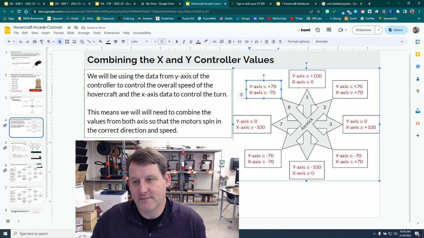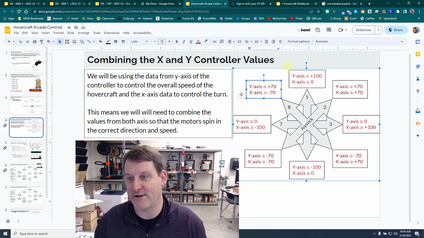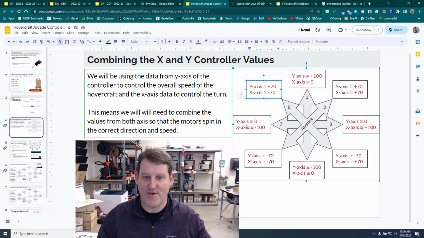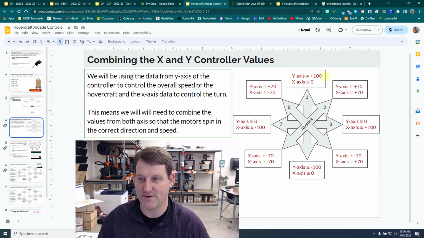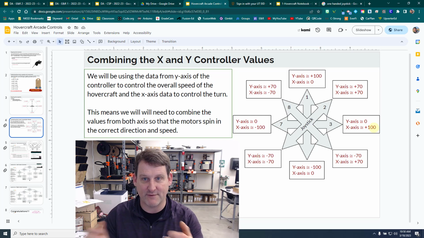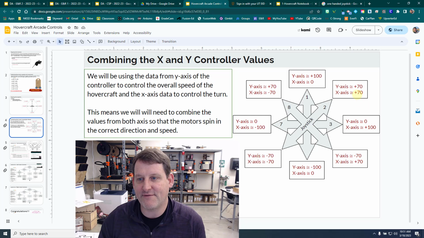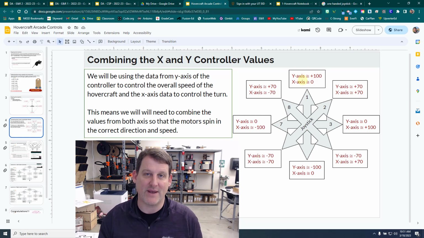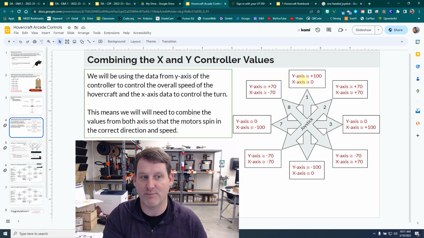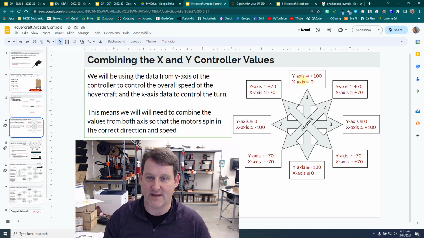Awesome. And that should be the values. So this will give us some numbers to work with. These are representative numbers of what we get from our controller when we go in all these different directions. We've got to find a way to combine the Y and X axis values so that we get those motor speeds that we need from the previous slide. And we'll do that in the next video. Good job.